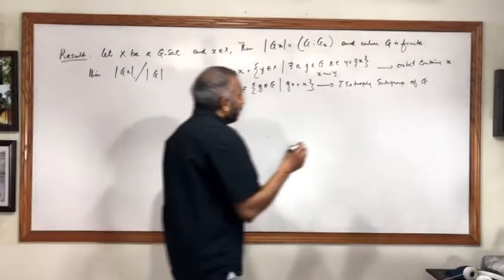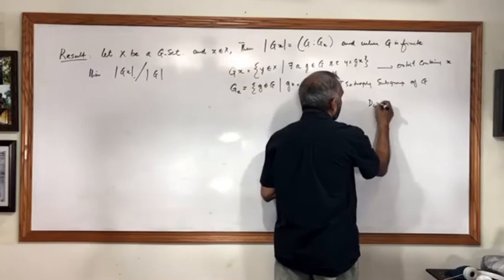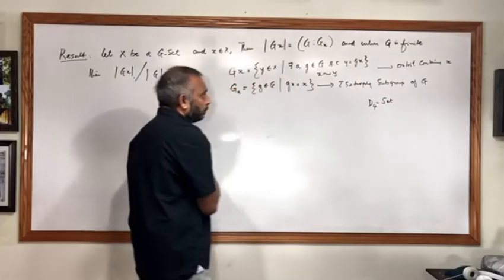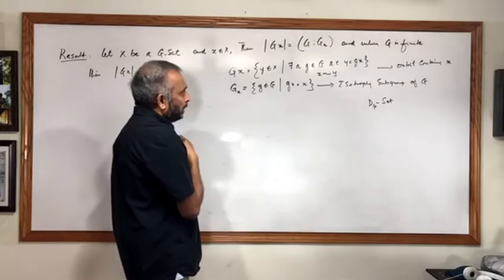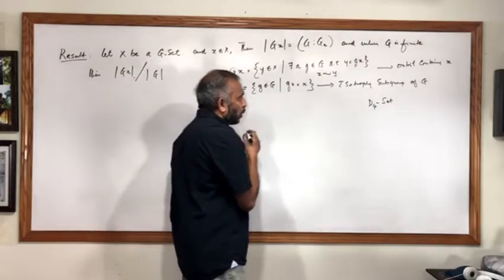If you remember, we have defined a D4 set with points, sides and vertices of a square.